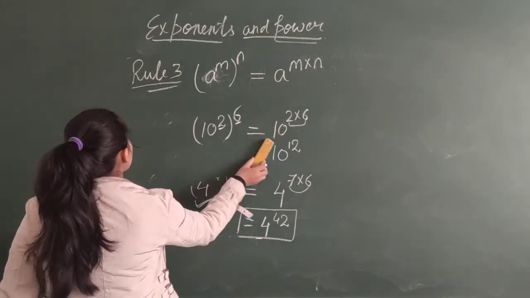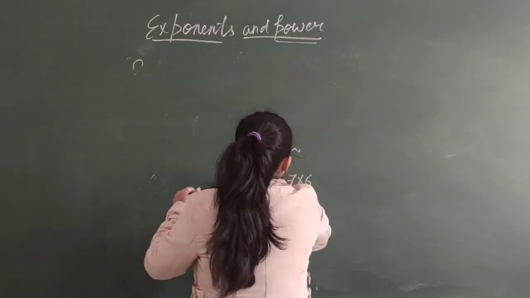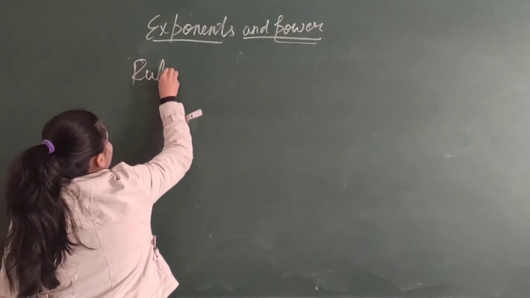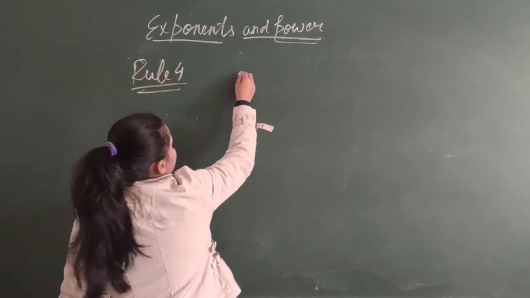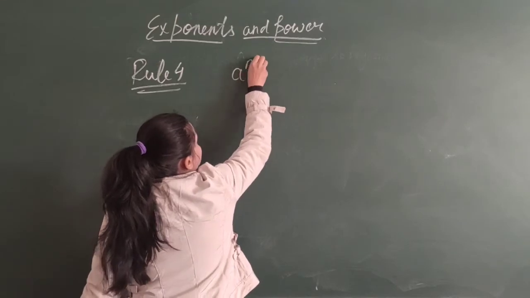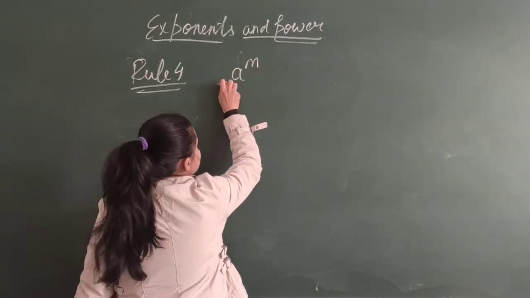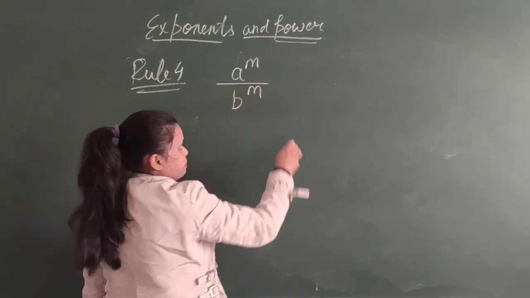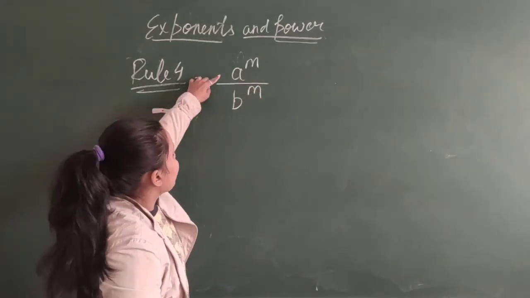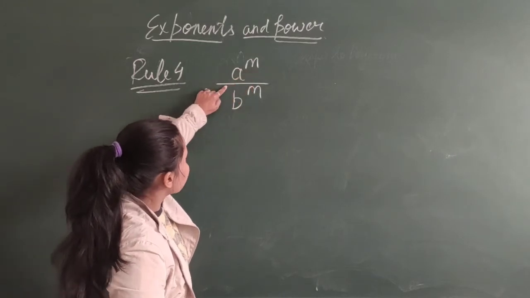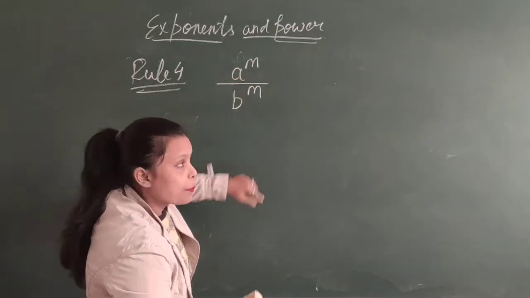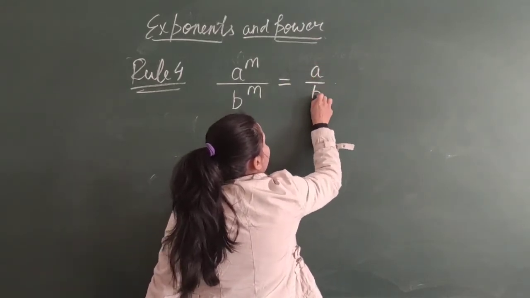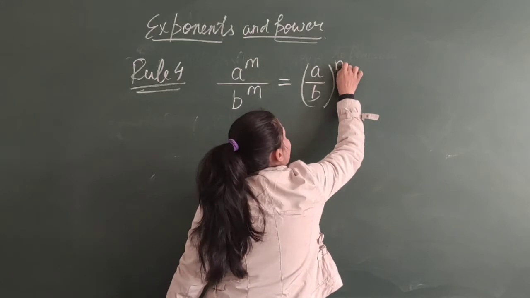Let's come to the next rule, rule 4. If a raised to power m is divided by b raised to power m, it will always be equal to a divided by b, whole raised to power m.